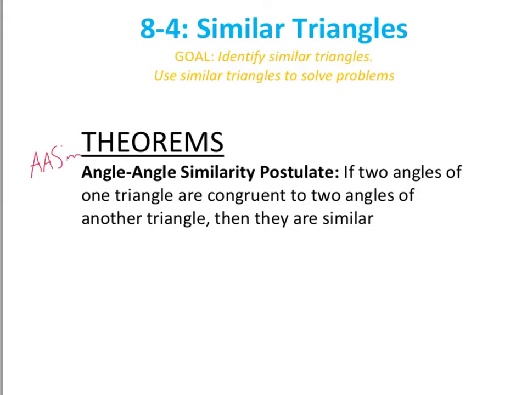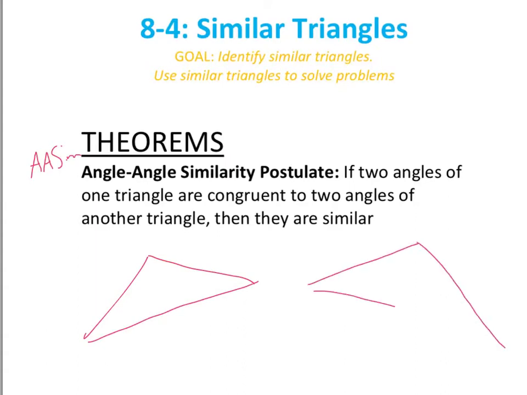Okay, so if two angles are congruent to two angles of another triangle, then those triangles have to be similar. So if we have this triangle and this triangle, okay, I'm going to make them more different shapes for you. Maybe more different sizes. This one. Okay, so we have those two angles.